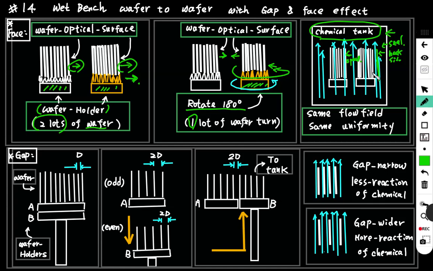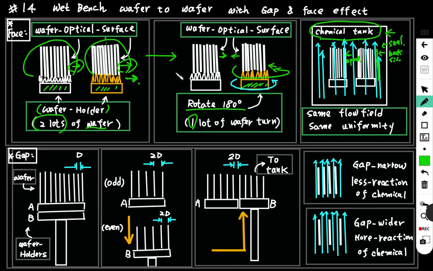The direction will cause the uniformity different from this slot with this slot. This slot is different from this slot.